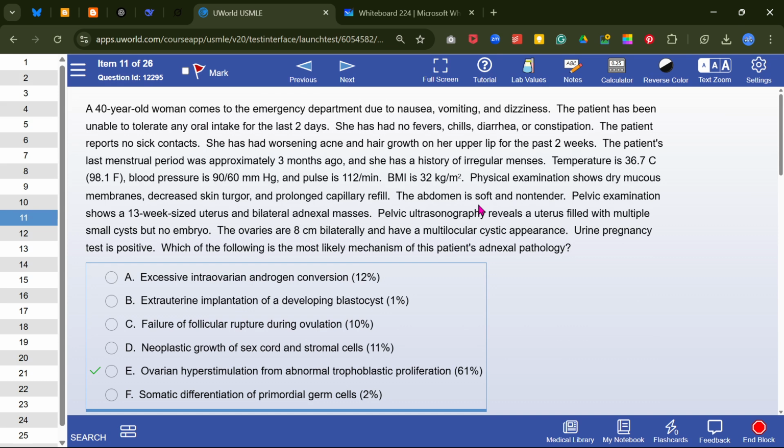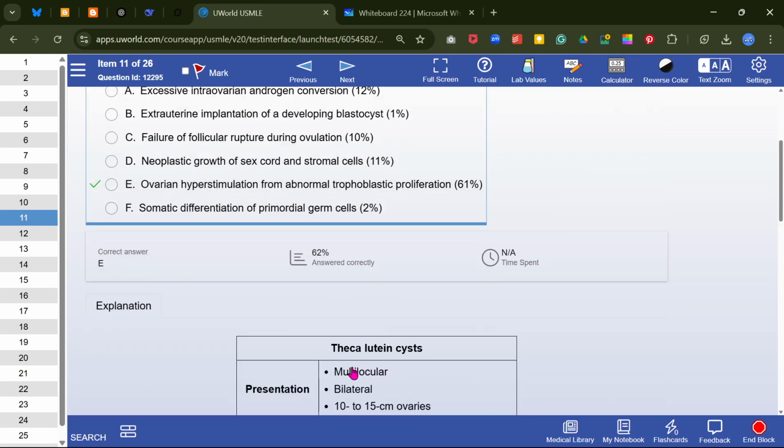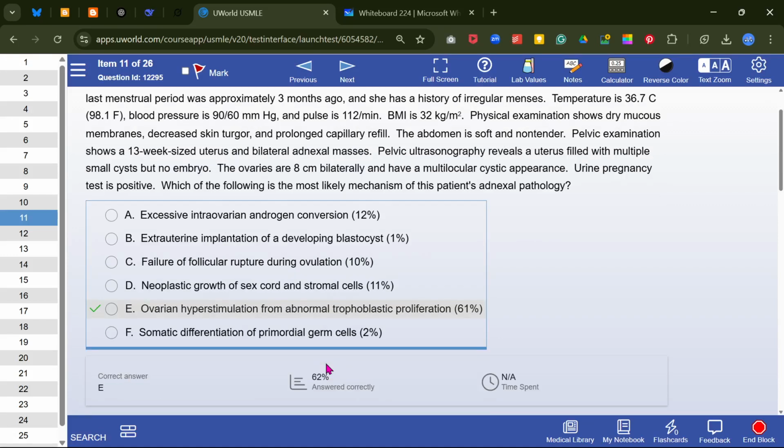Okay, look at this question. Pelvic ultrasound shows a uterus filled with multiple small cysts but no embryo. Multiple cysts, no embryo. Think about Hydatidiform mole. There is a multilocular cystic appearance. Urine beta-hCG is positive. So it may be due to ovarian hyperstimulation from abnormal trophoblastic proliferation, so it may be due to theca lutein cyst.